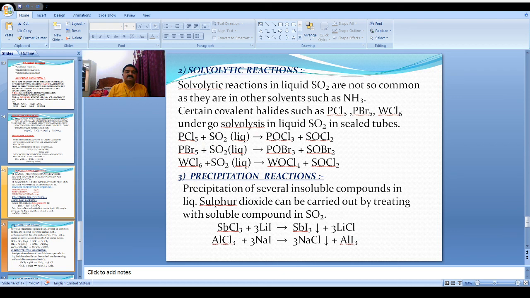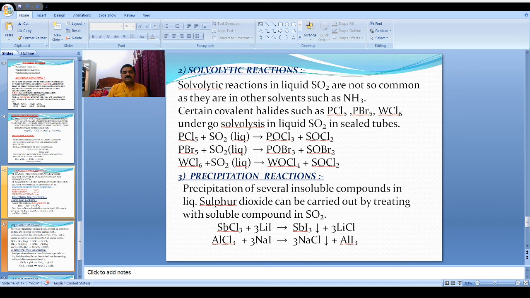Then the second one, solvolytic reactions. The solvolytic reactions in liquid sulfur dioxide are not as common as they are in other solvents such as NH3. Certain covalent halides, phosphorus pentachloride, phosphorus pentabromide and tungsten hexachloride undergo solvolysis in liquid sulfur dioxide in sealed tubes.